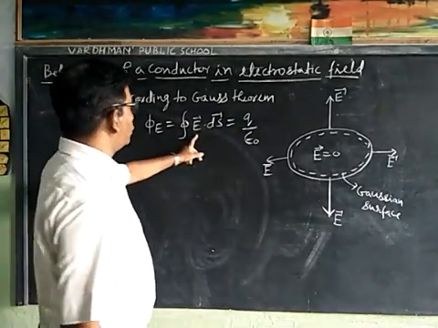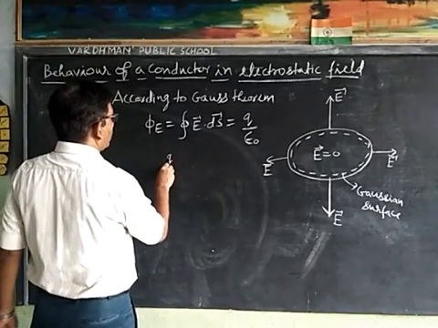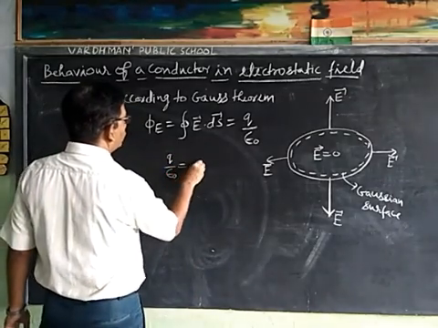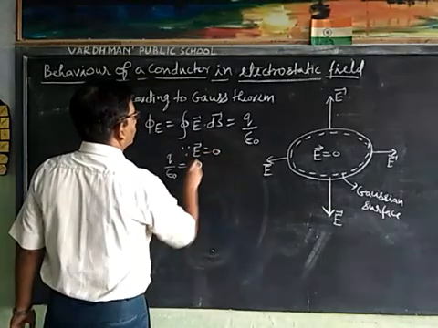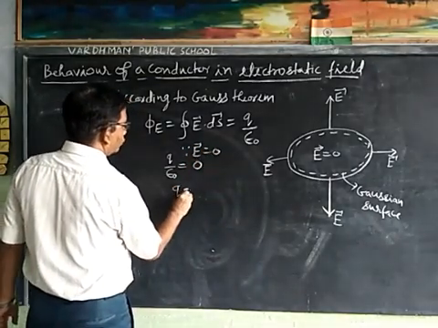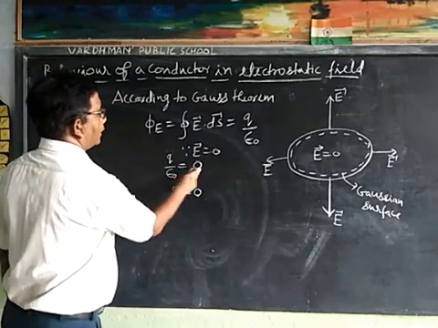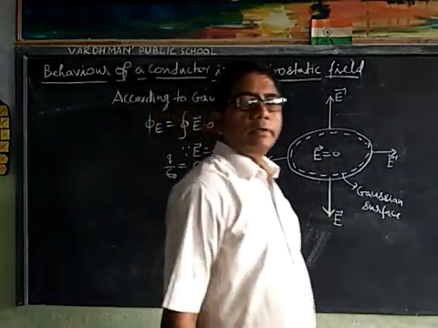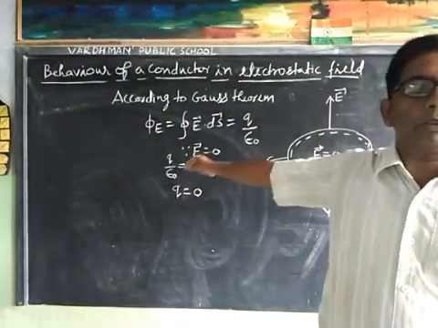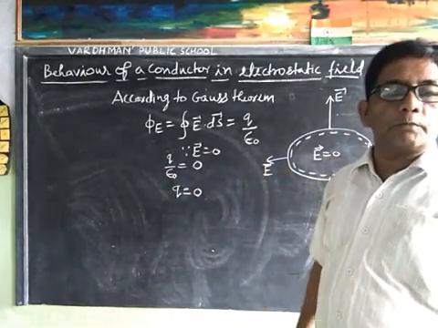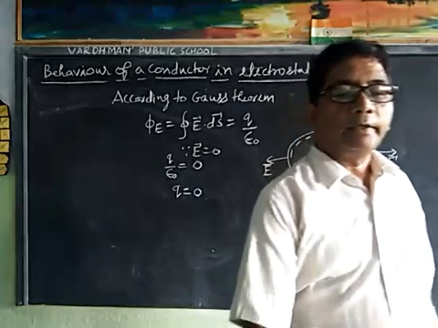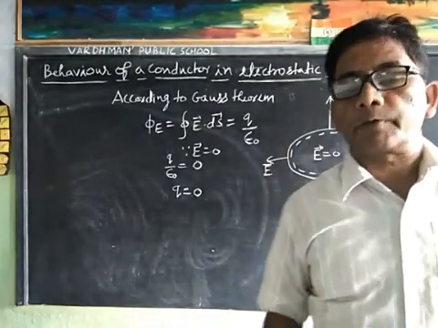Here E is equal to 0, therefore q upon epsilon naught is equal to 0, so q is equal to 0 by cross multiplication. The excess charge given to it from outside will reside on its surface.